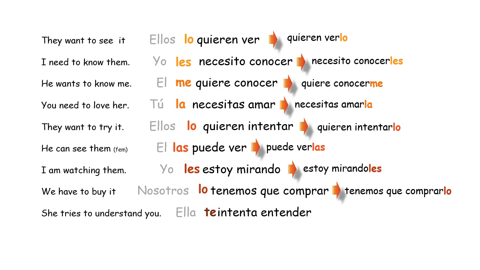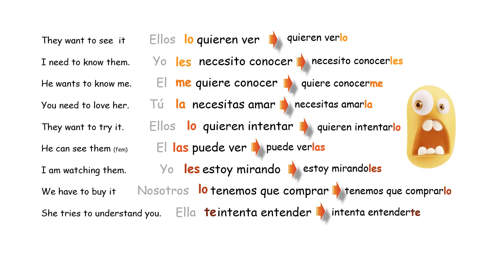So, intenta entenderte o te intenta entender. Okay, too much information. So, if two verb structures still confuse you, just stick to one of the options for now. But remember, in Spanish, both are perfectly correct and used all the time.